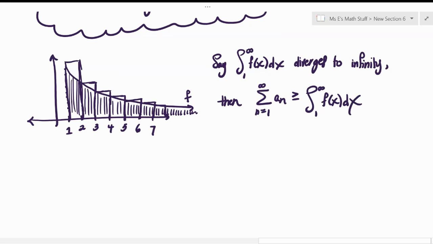And so the conclusion is that the sum as n goes from 1 to infinity of a sub n will also diverge.